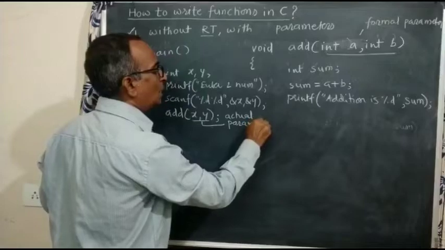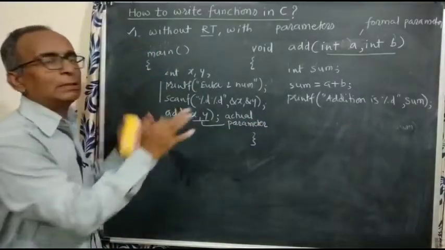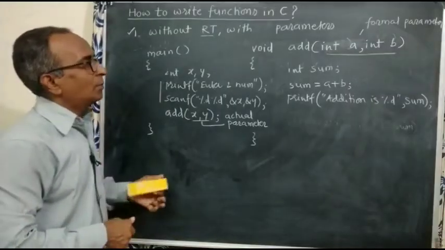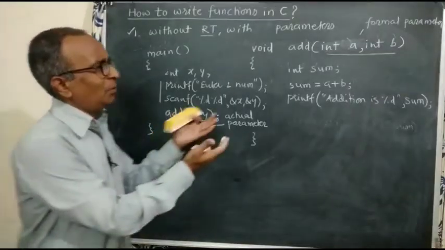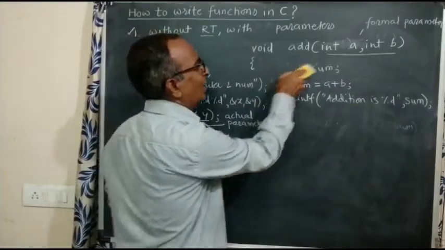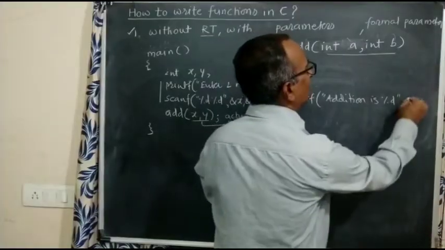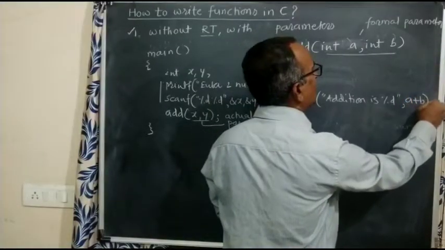Today we are saying only how to think of writing functions, so I am not covering all these things. You can write in many ways. Without sum also, you can directly write a plus b, that's it.